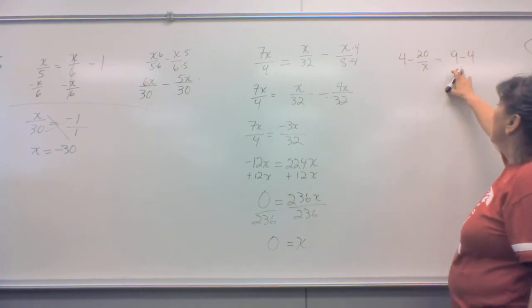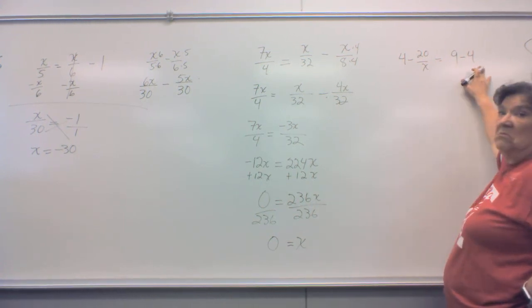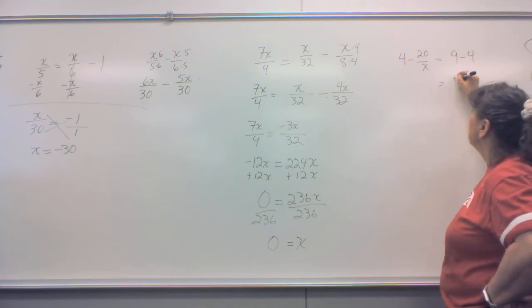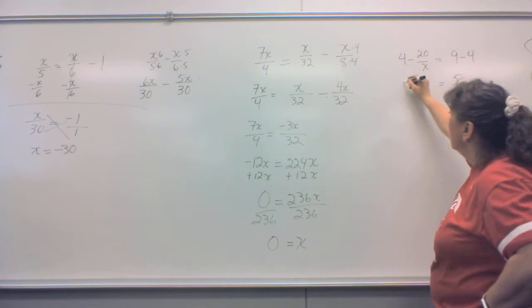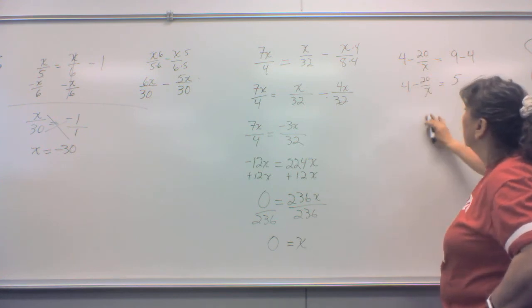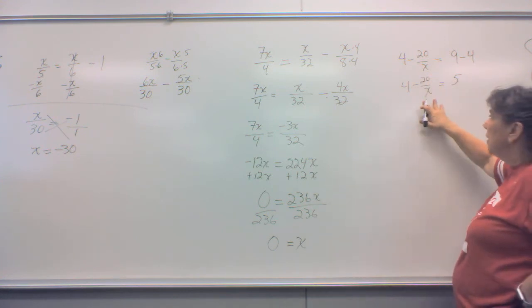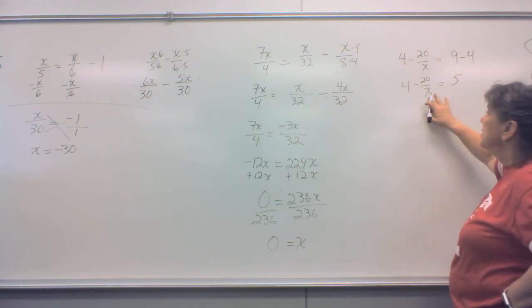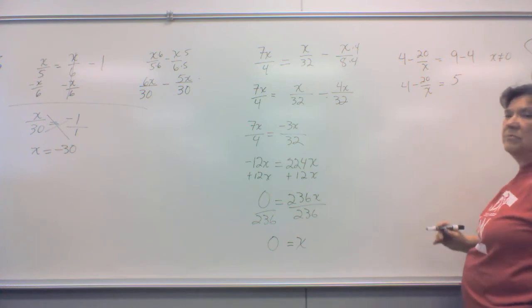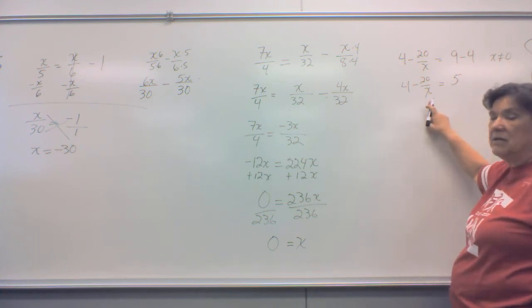Well, I've got integer terms here that we can immediately simplify to 5. And so I have 4 minus 20 over x. Rational expression, x is in the denominator, therefore x cannot equal 0, because 0 would make it undefined.